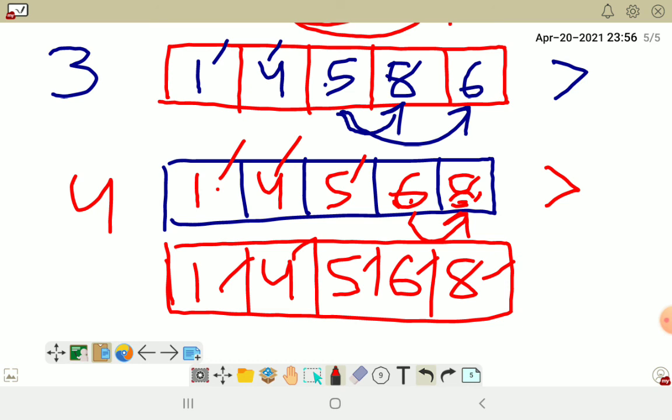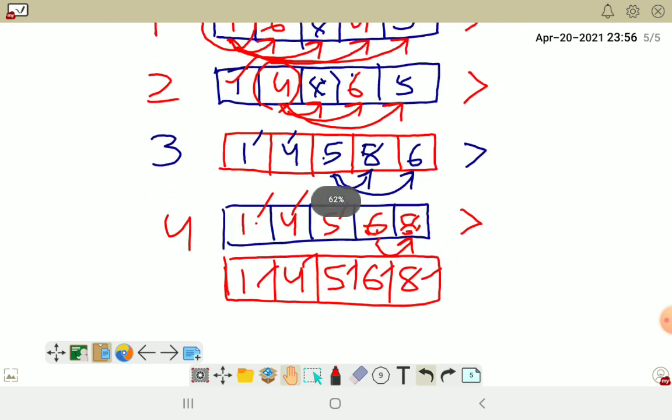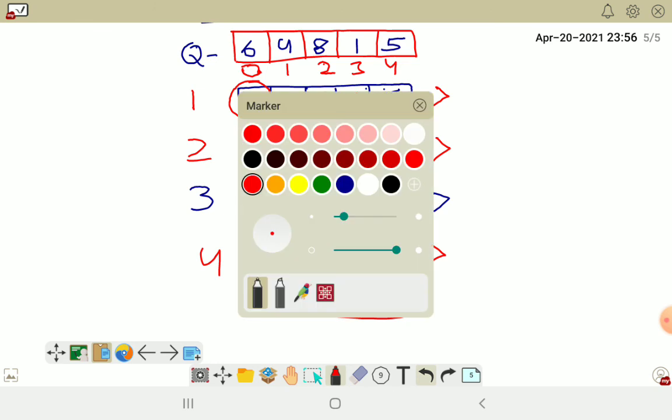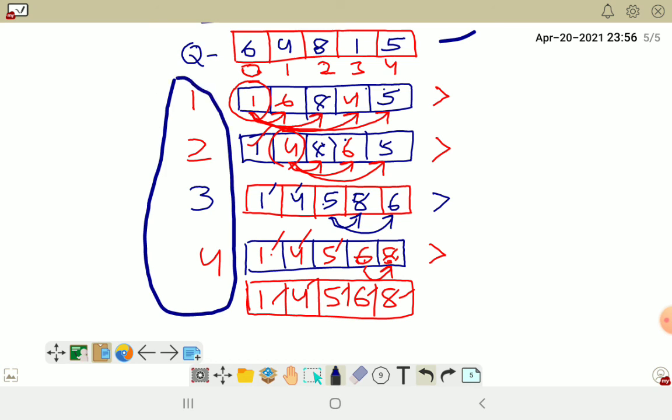So now we need not move ahead. How do we know how many times we have to do this task? You see, students, we started with how many numbers? 5 numbers. So in how many steps did we complete this? In 4 steps we completed this.